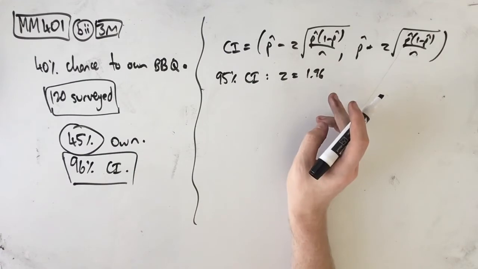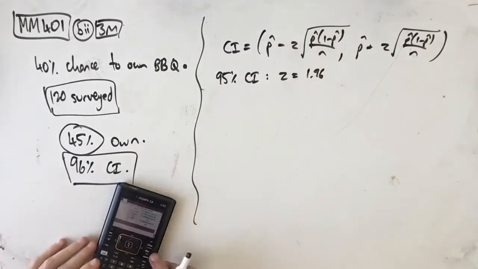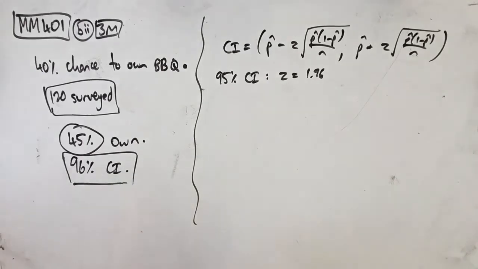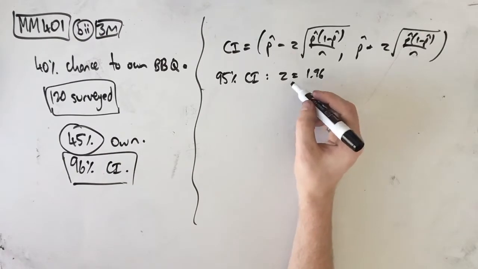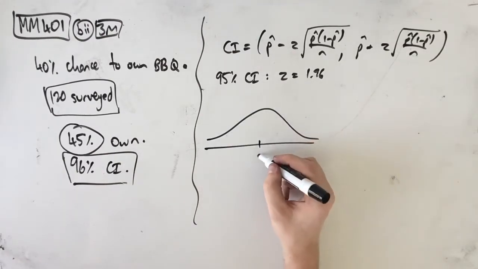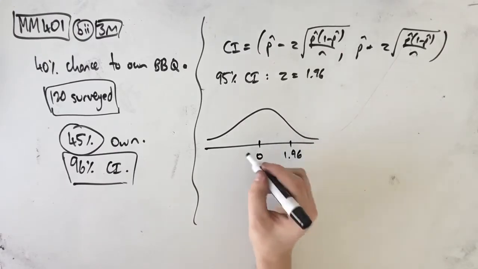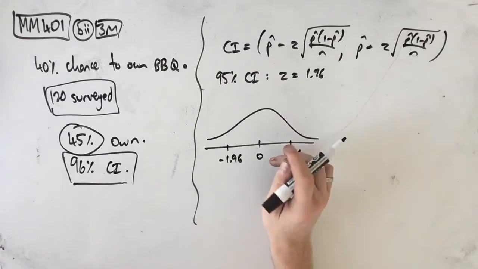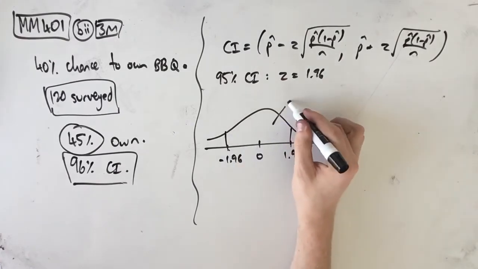In your CAS, let me just check if we can do this in quite an easy way. I don't think we can, but that's cool. In a 95% confidence interval with z equals 1.96, what we're actually saying is that between negative 1.96 and 1.96, 95% of the data lies.